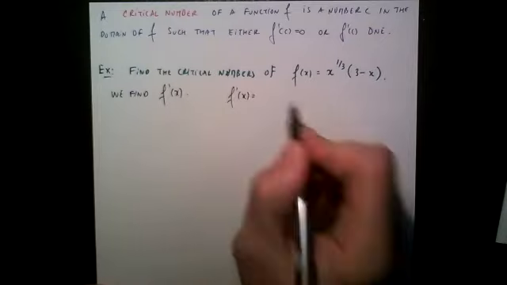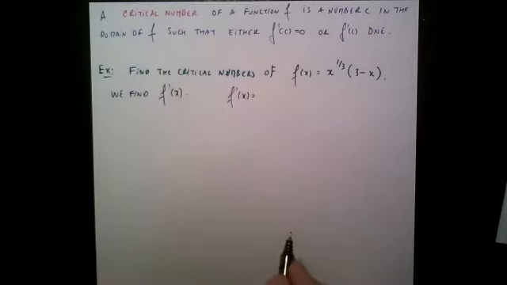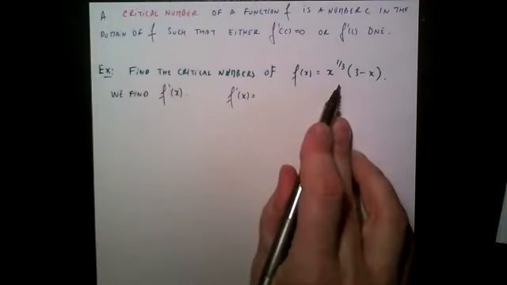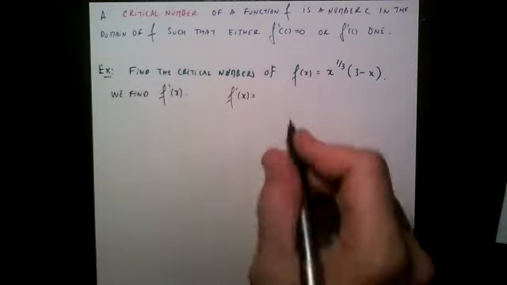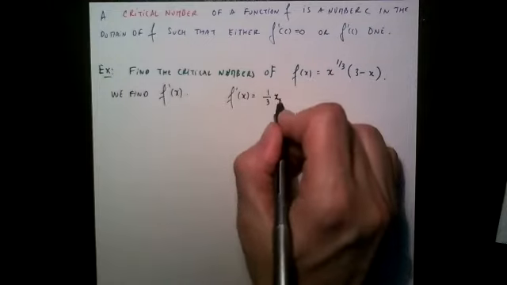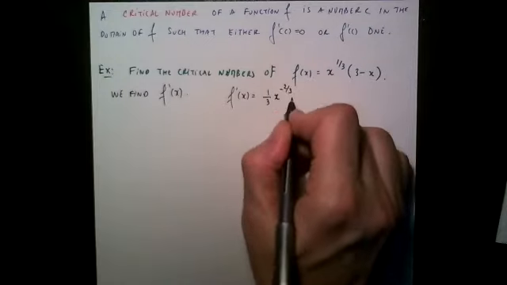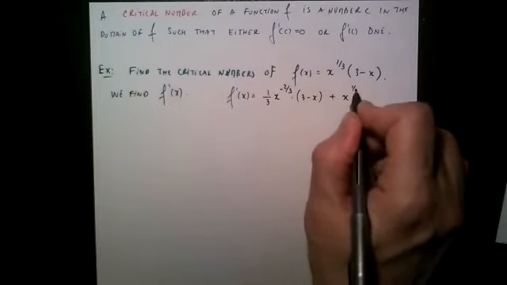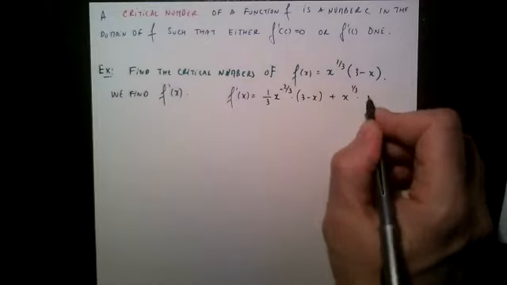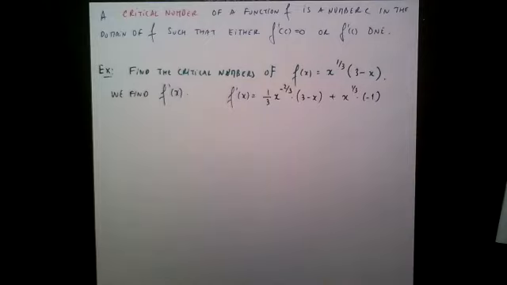F prime of x. How do we do the derivative of this? Quotient rule, product rule. Product rule. So 1/3 x to the negative 2/3 times 3 minus x plus x to the 1/3 times -1.